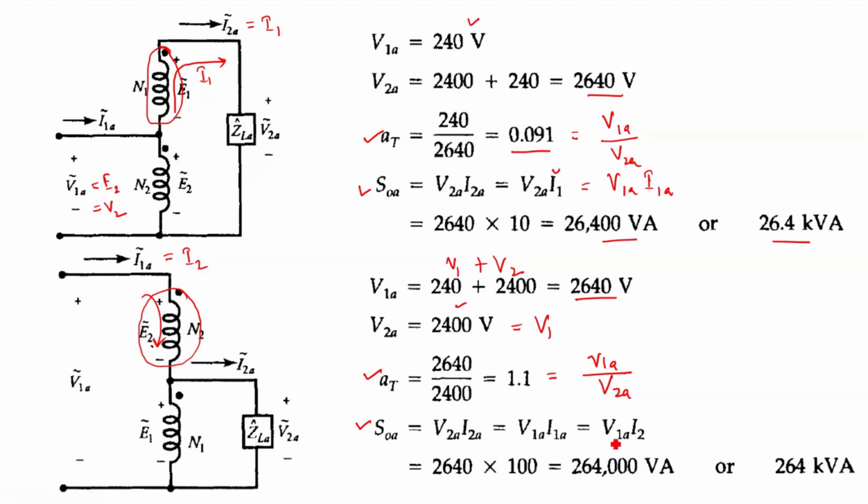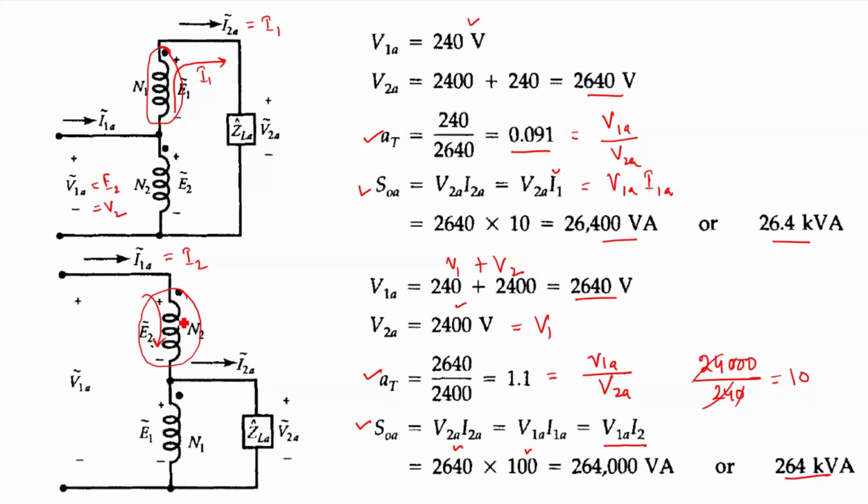Therefore I can write V1A into I2. V1A I know is 2640, and I2 from the two-winding transformer is 24 kVA by 240, so it gives me 100 ampere. Multiplying by 100 ampere, it will give me 264,000 volt ampere or 264 kVA.